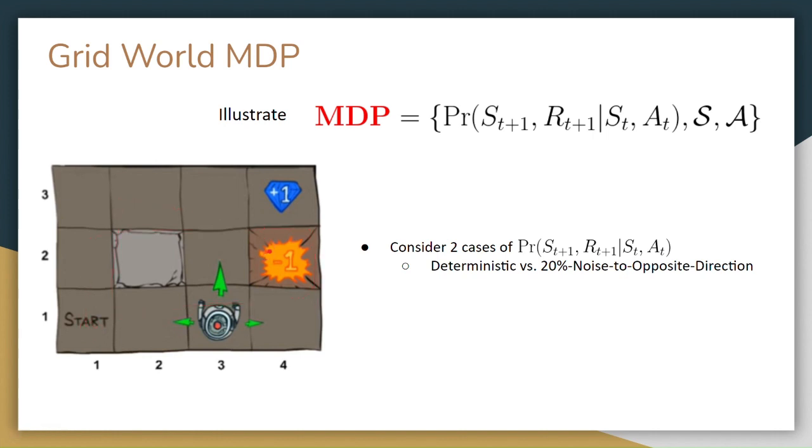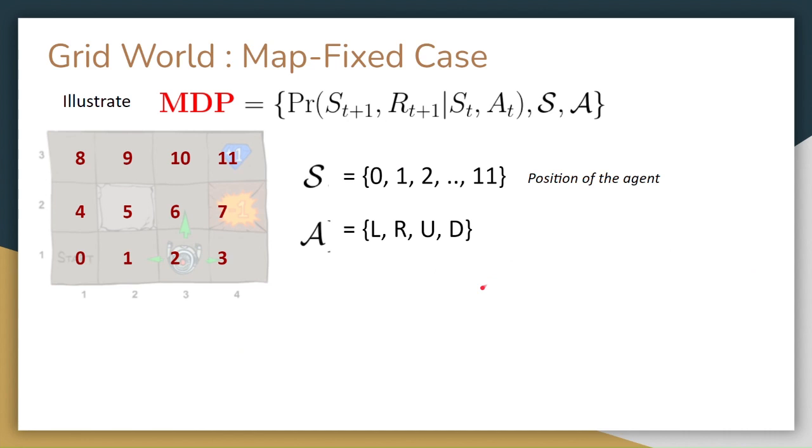You play the same game every time. It's a boring game, but it's an easy one. We're going to consider two cases, an easy deterministic case and a little more difficult noisy case. But we're going to consider the deterministic case first.